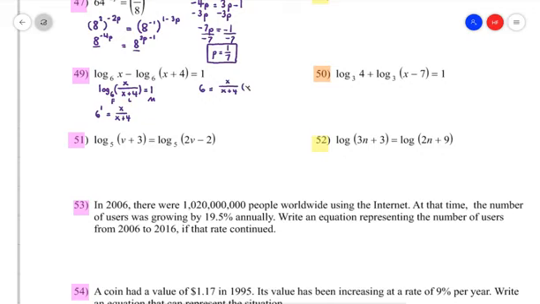So we'll multiply by x plus 4. 6x plus 24 equals x. And then subtract 6x. 24 equals negative 5x, and x equals negative 24 over 5.